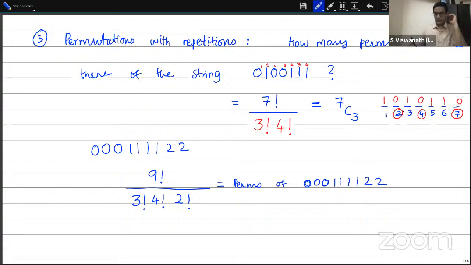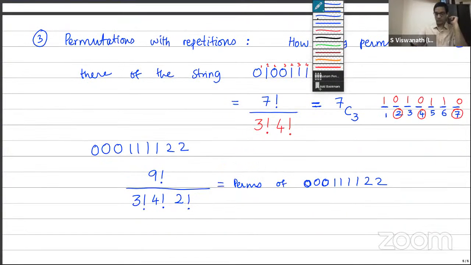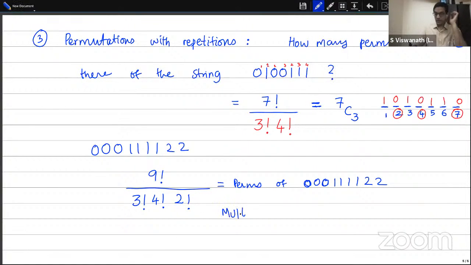And by a similar token, what we have here is what's usually called a multinomial coefficient. So this number here is usually called the multinomial coefficient. It's a generalization, if you will, of binomial coefficients, and often the notation is this: we write 9; 3, 4, 2.